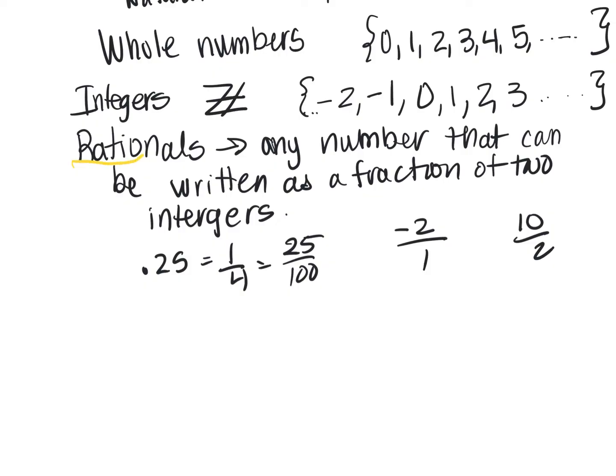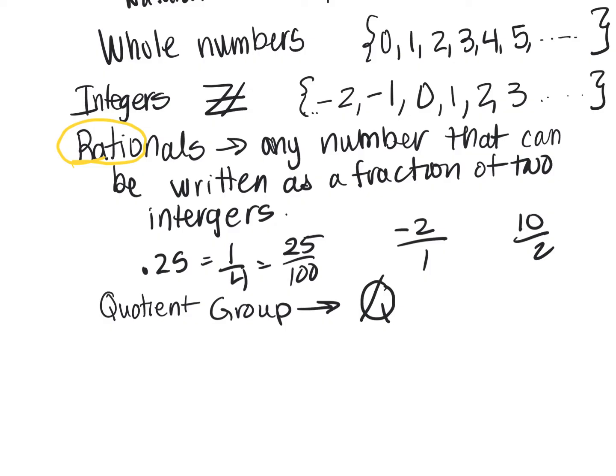Rational has the word ratio in it. It is for the ratio or fraction. That is where that name comes from. It is also sometimes called the quotient group, and because of that, it is represented in set notation as a double bar Q.